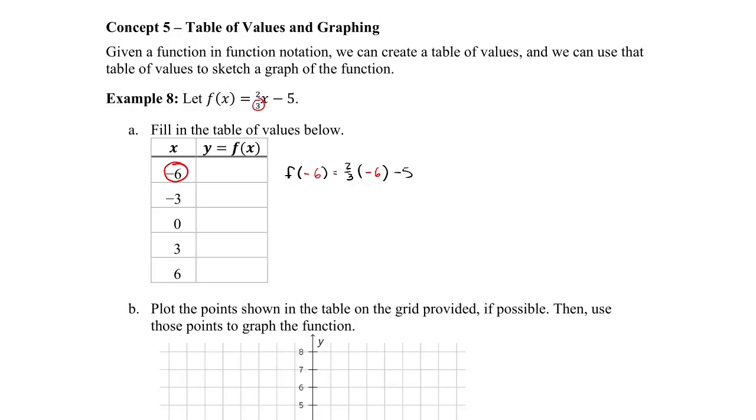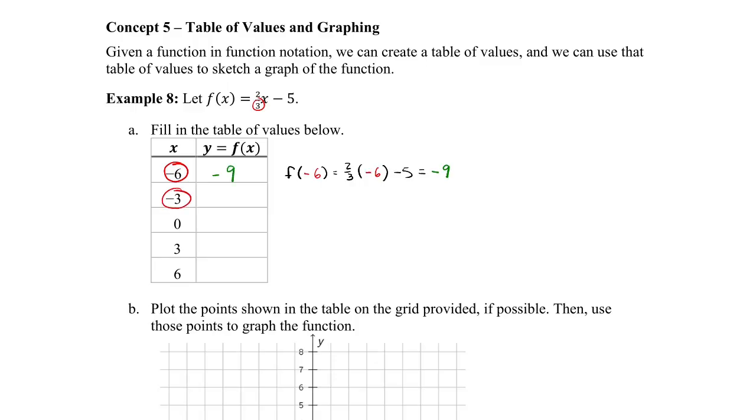And now you can absolutely do this on a calculator if you so desire. I'm going to do this arithmetic on a calculator, and I get that this comes out to -9. So input -6 gives us output -9.